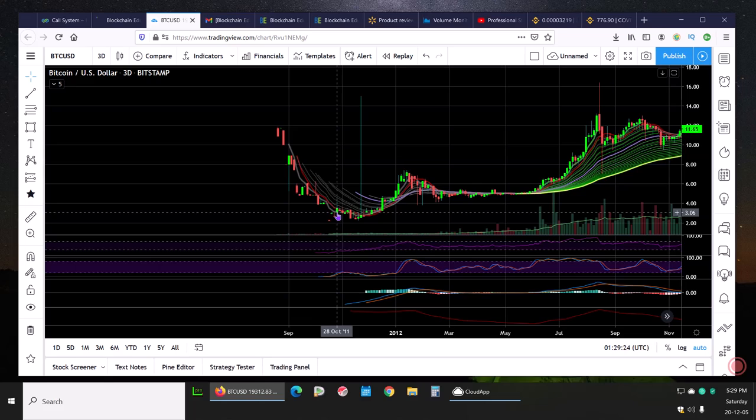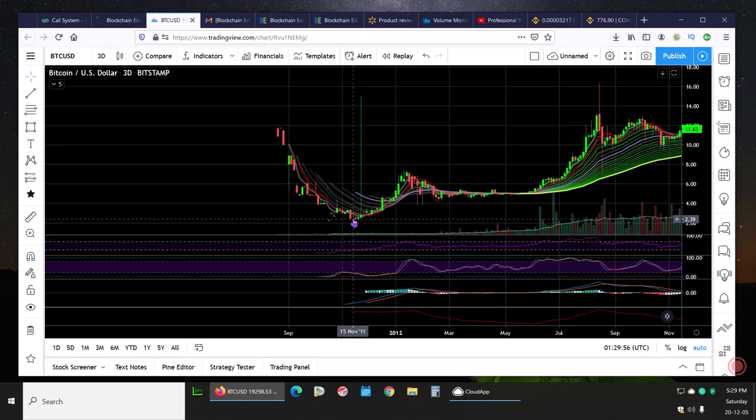So at the opening of this candle right here on October 28th, 2011, the price started at about $3. Before that 3-day period was over, it went up to about $4.40. So this is just a price fluctuation in here where you see the candle body and the candle wick. And then it kind of went down a little bit over the next week, week and a half.